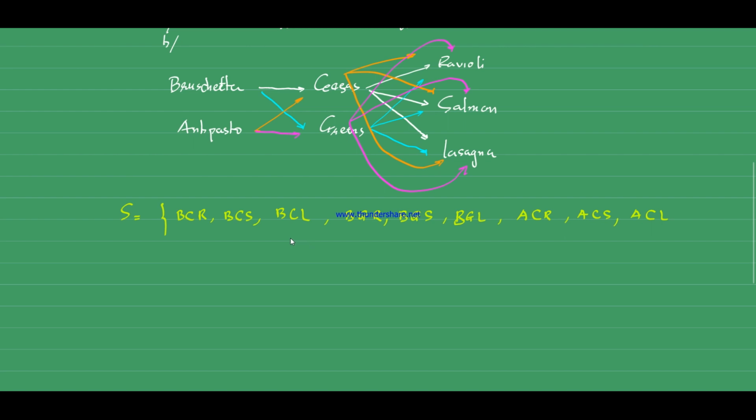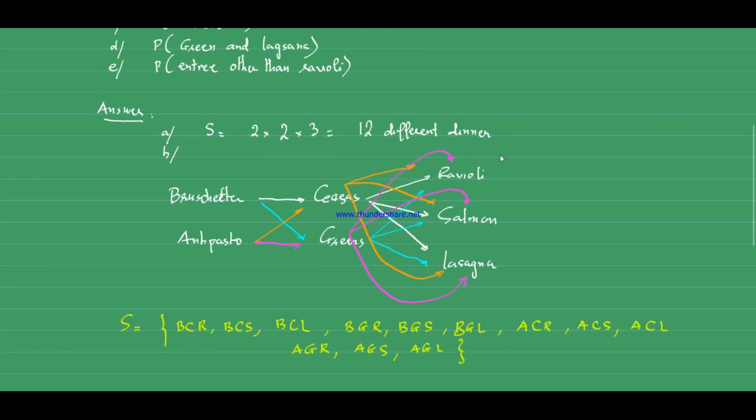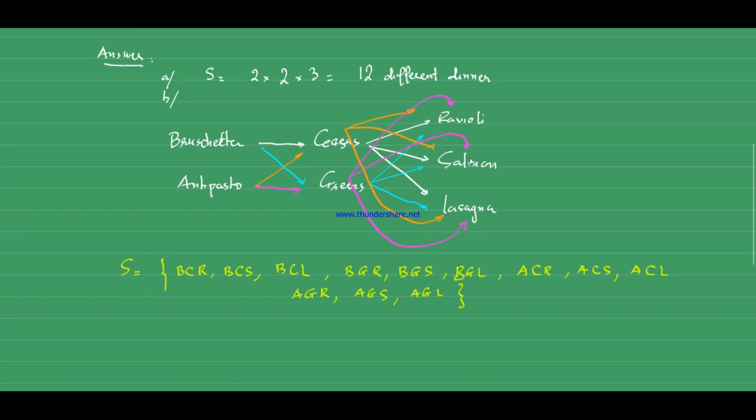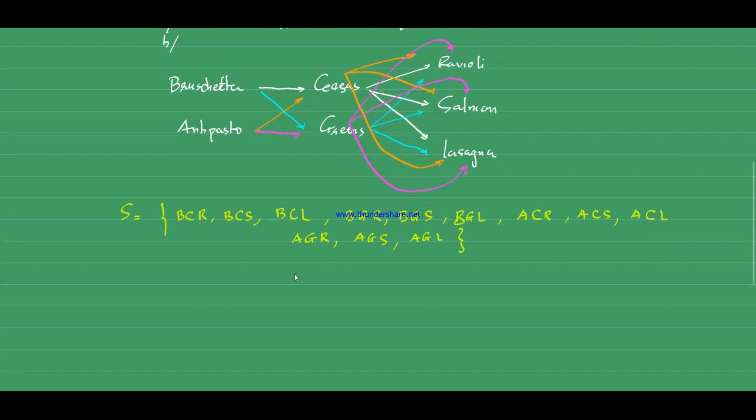Then we have AGR, AGS, and AGL. So we know that over here we have 12, right? So let's count: 1, 2, 3, 4, 5, 6, 7, 8, 9, 10, 11, 12. See that? So we have 12 options. We have 12 different dinners.